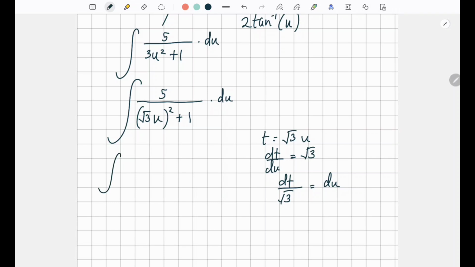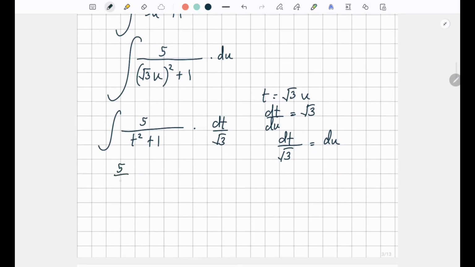Right, so you go back into your integral. It's 5 over, instead of root 3 u, I'm going to write t squared plus 1, and instead of du, I'm going to write dt over root 3. So it's 5 over root 3 outside, 1 over t squared plus 1, dt.